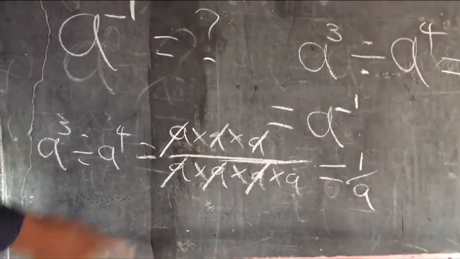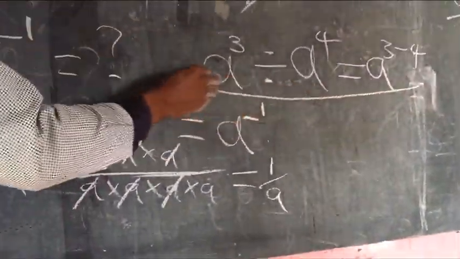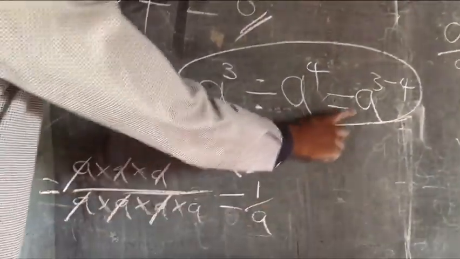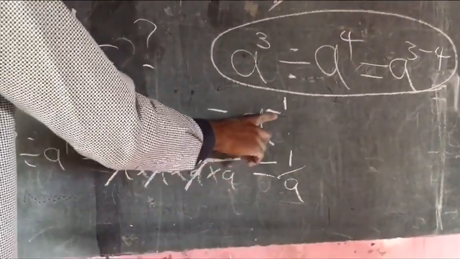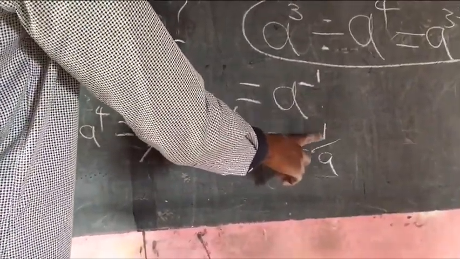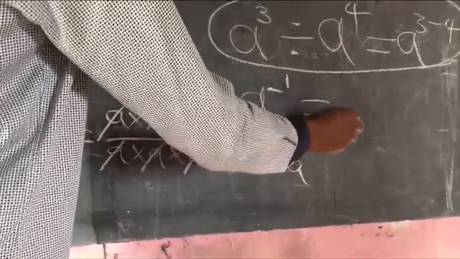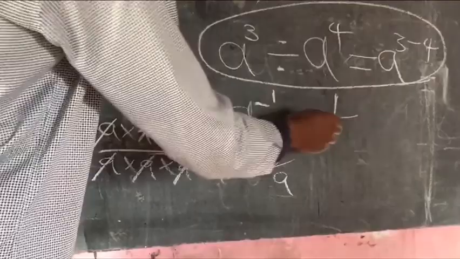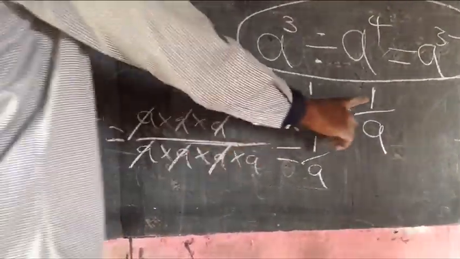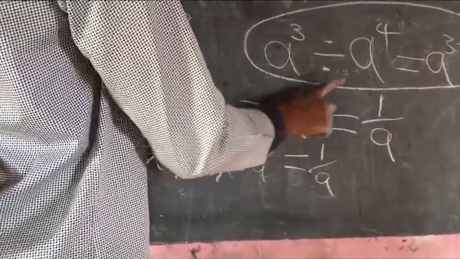So now we use the laws of indices to get a raised to power -1, and using algebra we get 1 over a. It means if I get negative indices like this, I will just express them as the reciprocal of the number. So this 1 over a is the same thing as a raised to power -1.